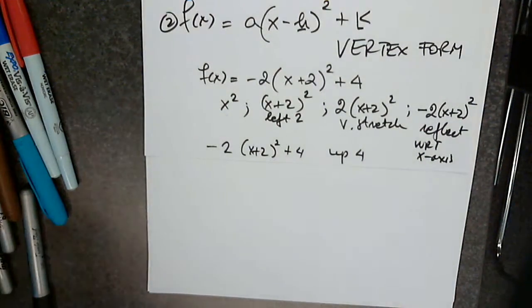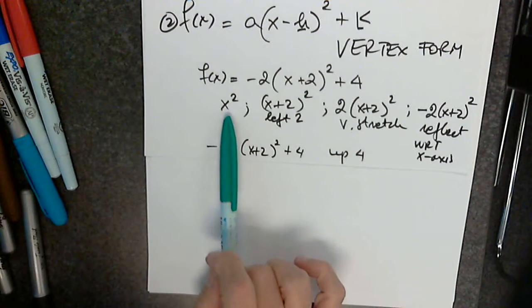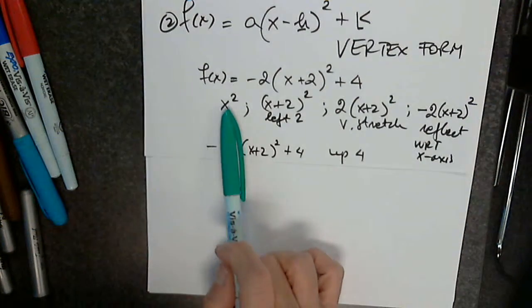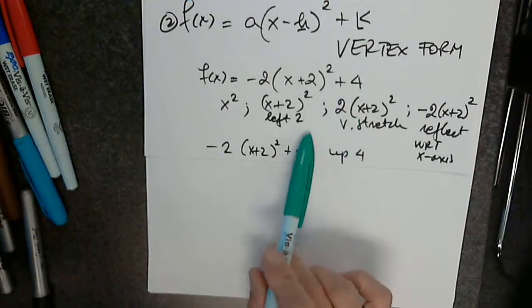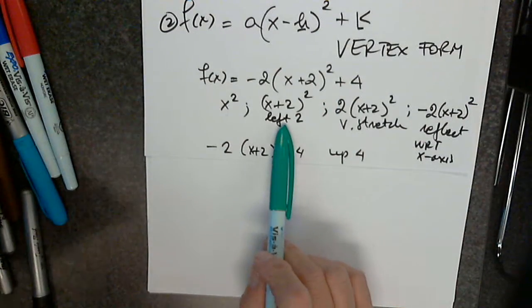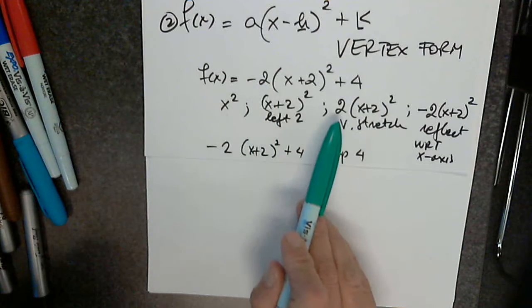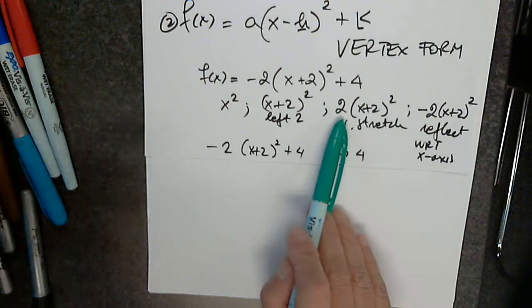Okay, let me repeat the steps, please. First of all, I know the base function is x squared. Using the transformations from chapter 2, we know that x plus 2 squared is a left shift of 2. Then I know that I have to deal with the 2 in front. 2 times x plus 2 squared is a vertical stretch by a factor of 2.